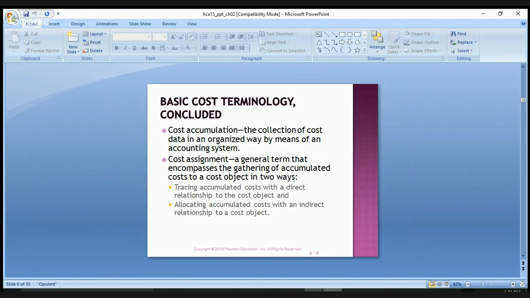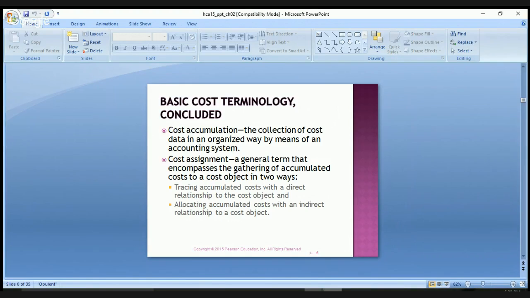Okay? Cost allocated is your indirect relationship to the cost object. So that would be the insurance on the building of the assembly plant or the utilities of the assembly plant. I can't tie this particular watts of energy to this vehicle panel.